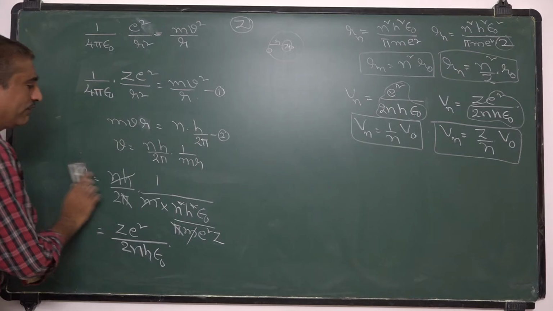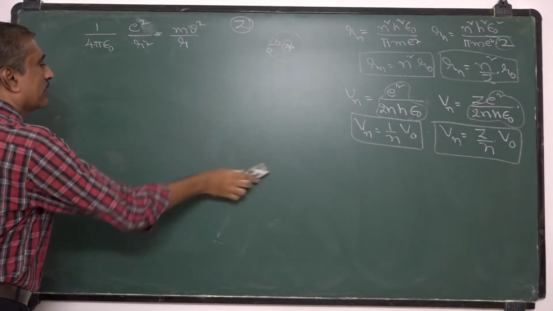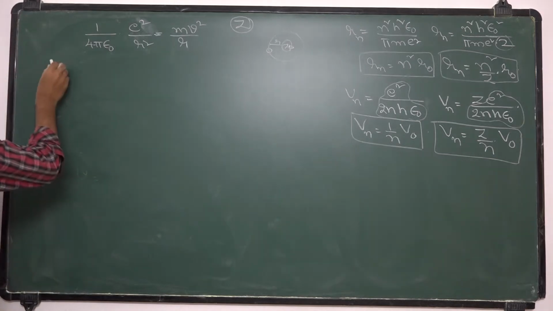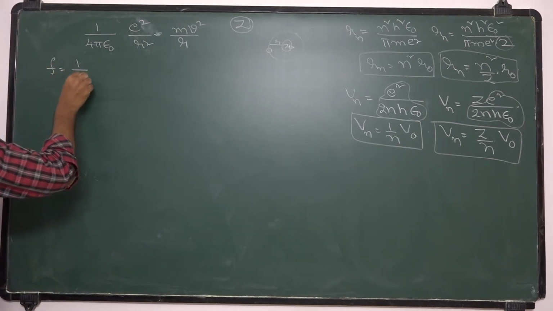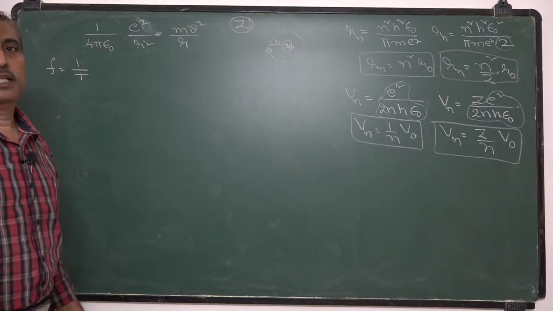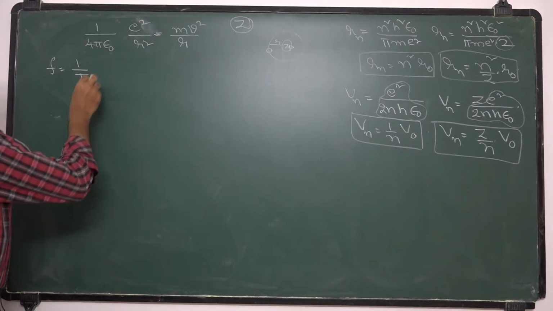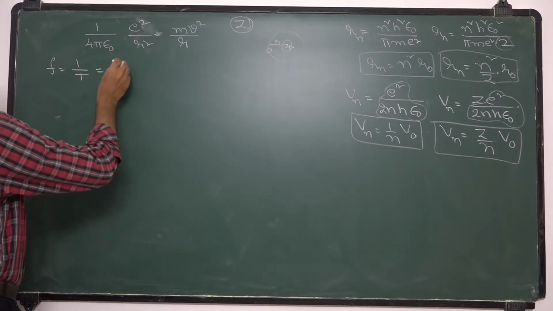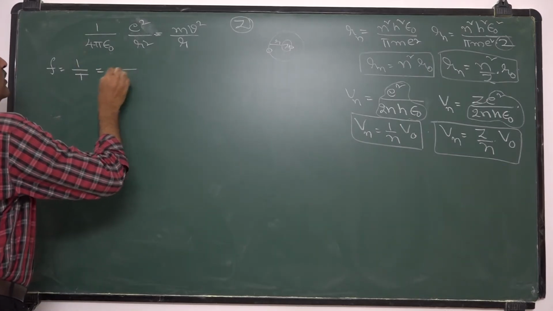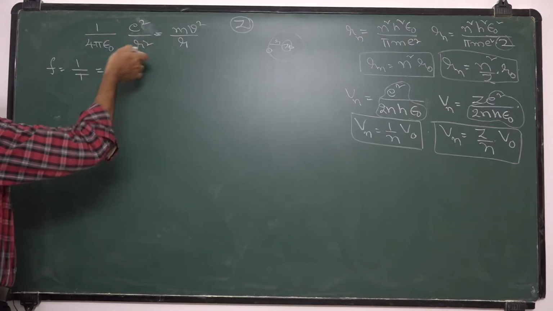Okay, now frequency. Frequency of rotation, that means orbital frequency of the electron in a particular orbit, 1 by T, we can write, actually T means 2 pi r by v, so we can write like this.